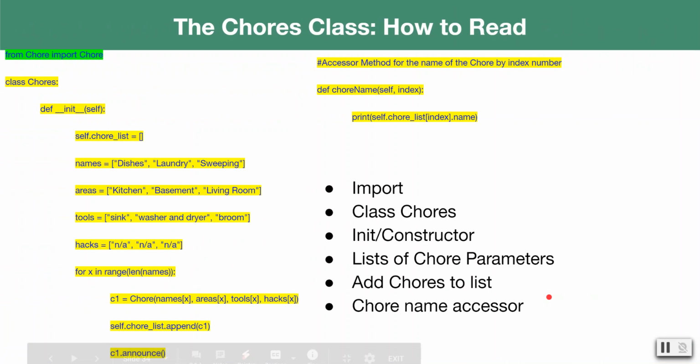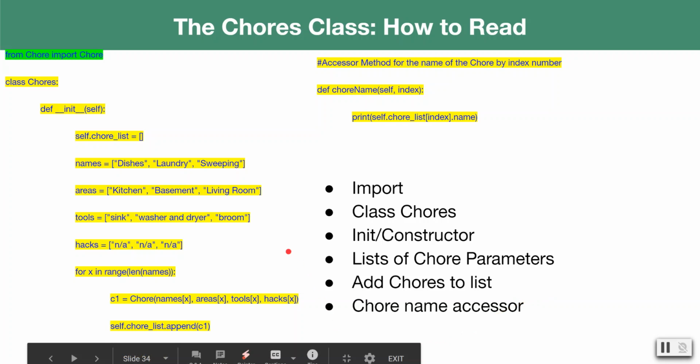Alright, there's kind of a lot here to read, so let's just jump into it. I'm importing my chore class from chore.py, and then we're creating a chores class. For the constructor, we're creating a chores list that is empty, and then we have several lists with the parameters to create a new list of chores, which we do inside of this for loop right here.